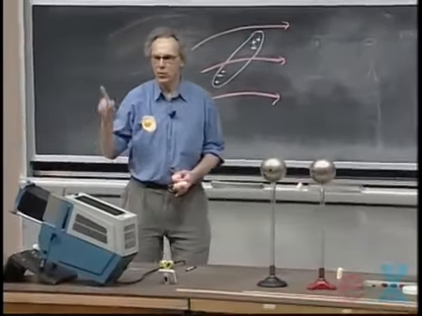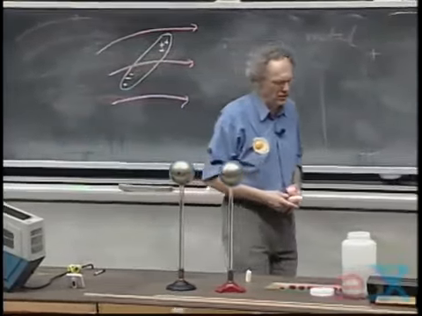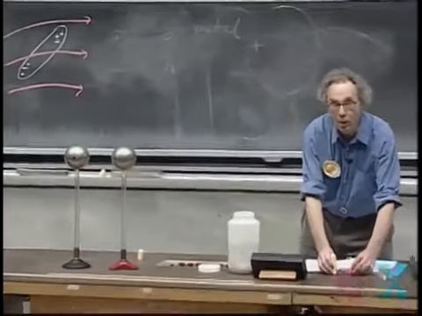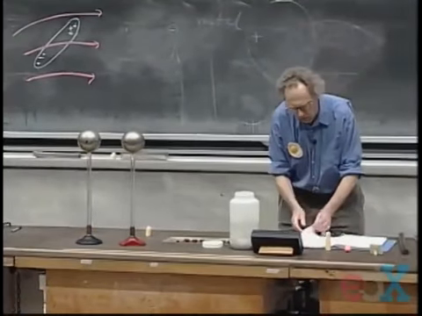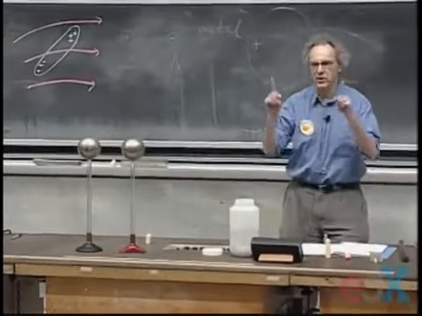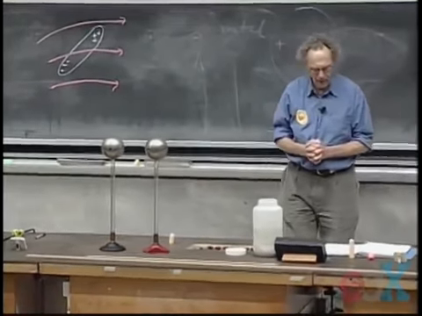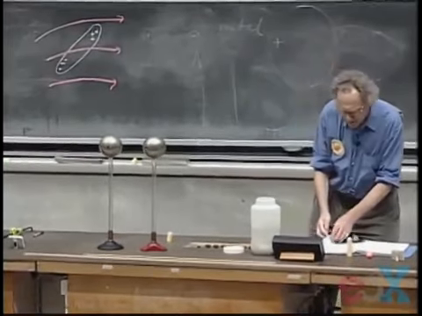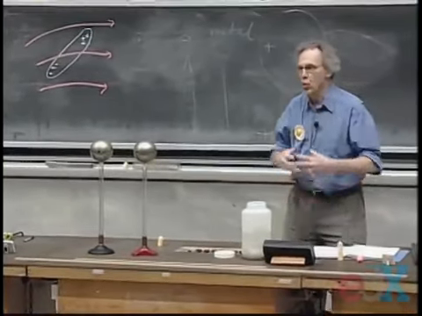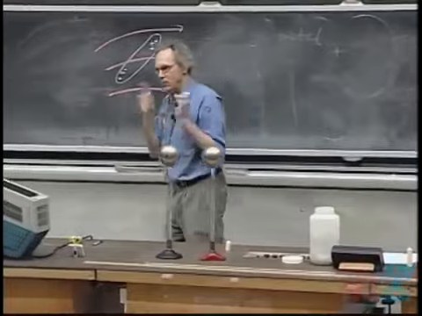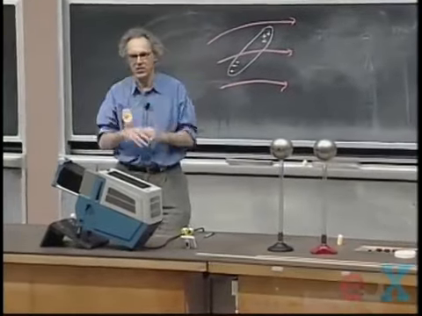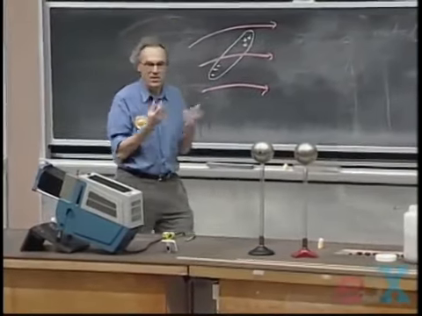And this is the way that I'm going to show you now field configurations in the vicinity of a dipole, and I will also show you then field configurations in the vicinity of two charges which have equal polarity. You may have seen this in high school with magnetic fields, with iron filings. That's kid stuff. That's the easiest thing to do. This is the real thing. This is the electric field.